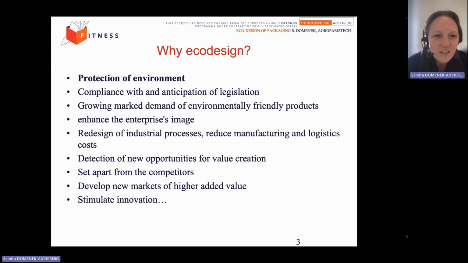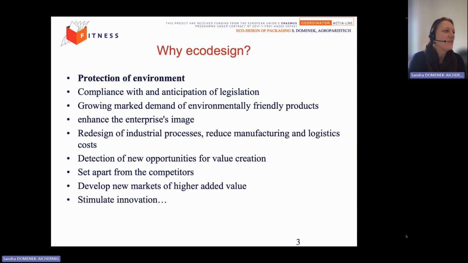So let's start in the beginning with the first question: why eco-design? Why do we want to do such a thing? And I put in first and in bold a very easy thing. It is to protect the environment. So this is quite clear. It is normal and straightforward.